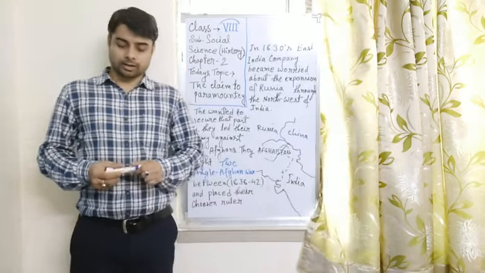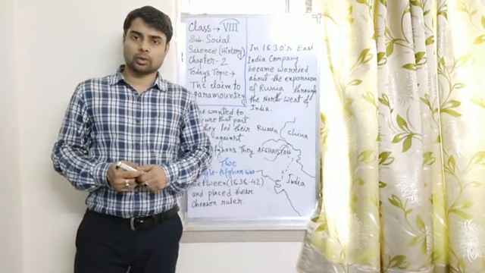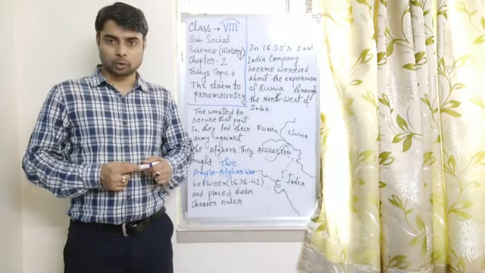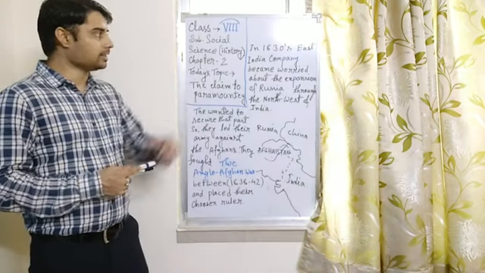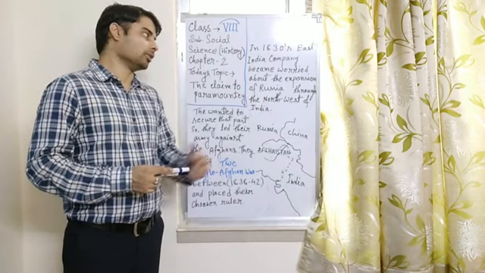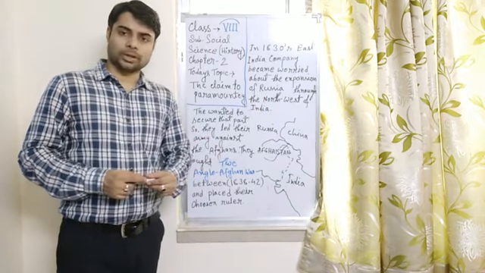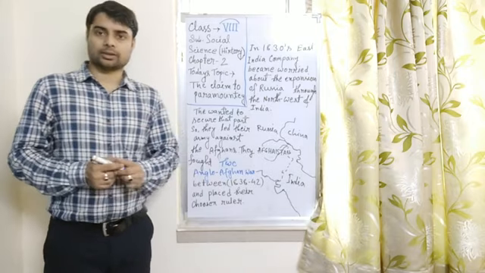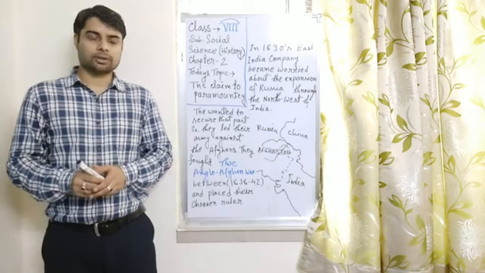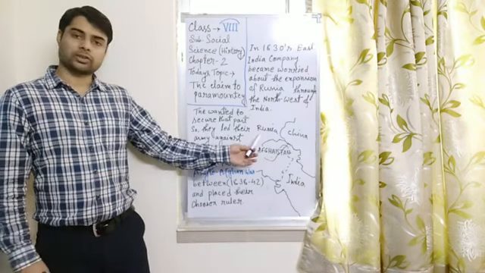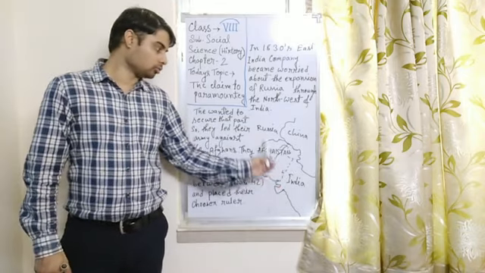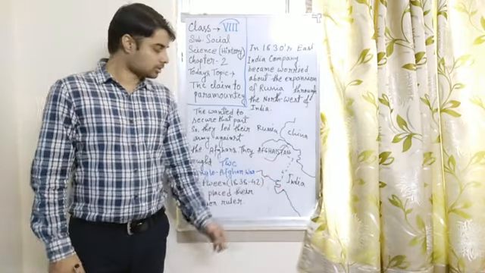Okay, now they were looking towards the northwestern side of the Indian subcontinent. Why? Because in the 1830s, the East India Company became worried about the expansion of Russia through the northwest of India. They were very afraid that Russia might attack India through Afghanistan, because it is just beside.